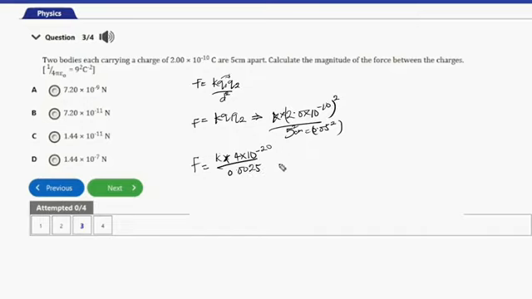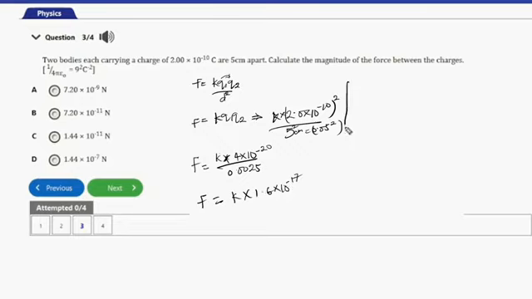So F is going to be K times 4 times 10 to the power of negative 20 over 0.0025.